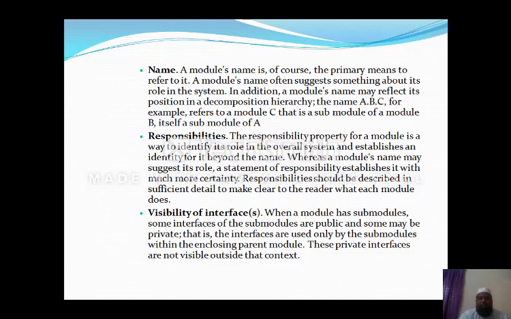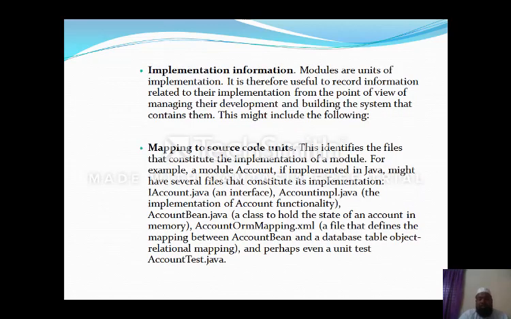You can give module name as A, B, C, whatever it might be, and a submodule as something. Responsibilities means what purpose the module is going to serve, and visibility means it can be public, private, or protected, as I just told you, as per the interfaces.